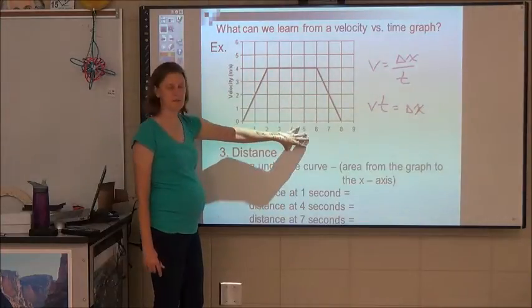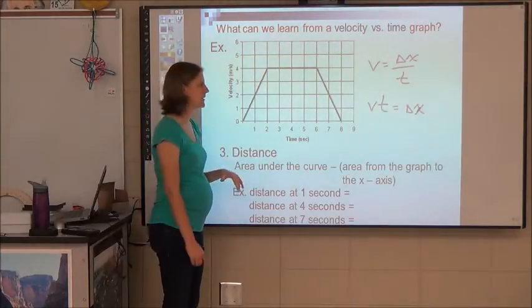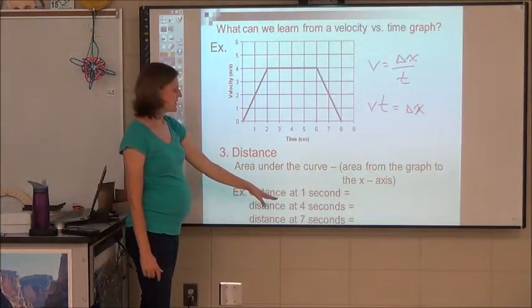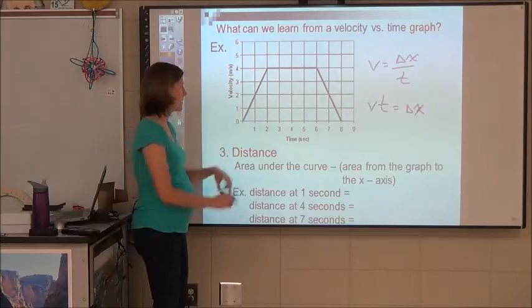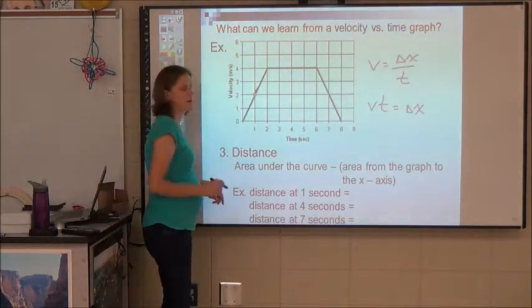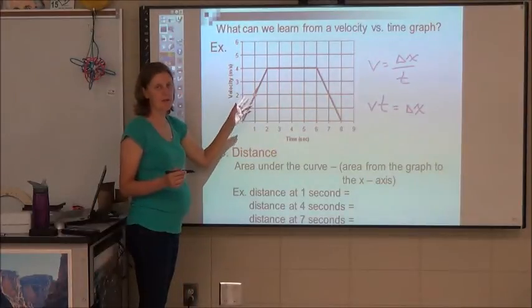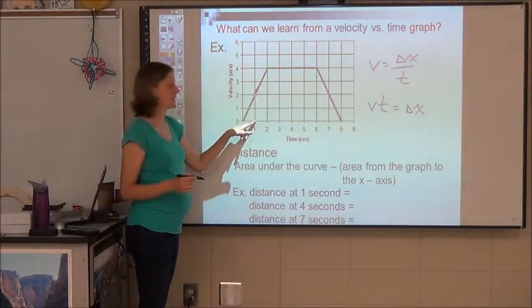This side times this side. That's sort of the area idea. Length times width. So for the distance at 1 second, you've got to mark off your 1 second. Area under the curve means draw a line from wherever that point is to the x-axis.